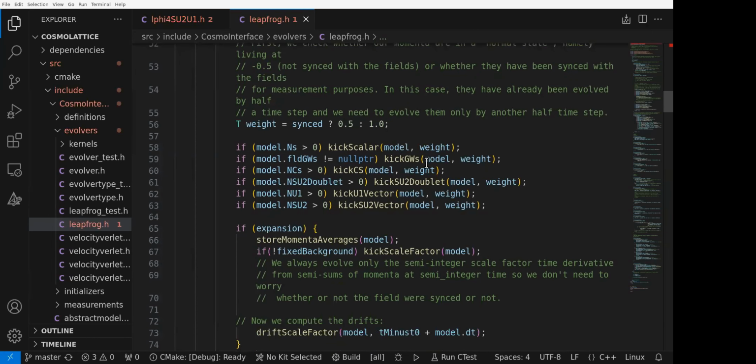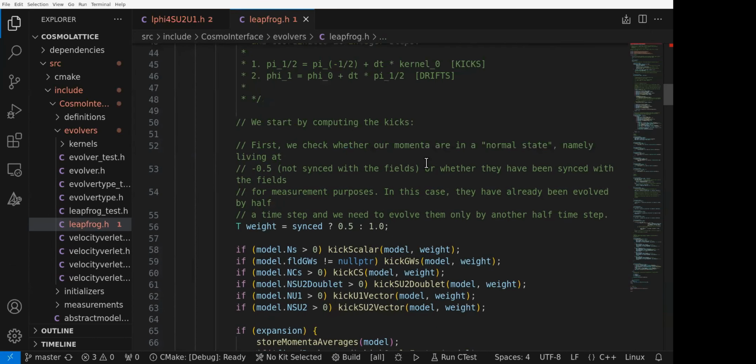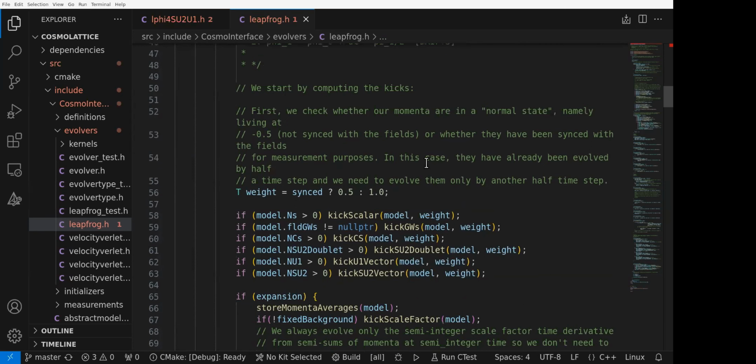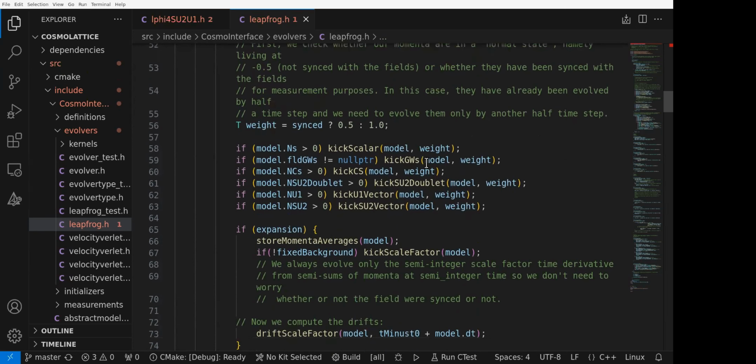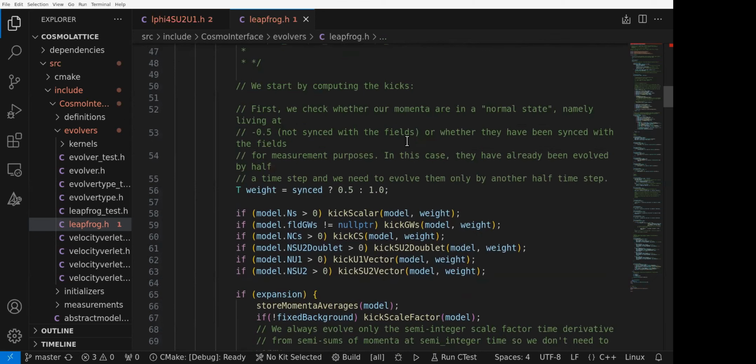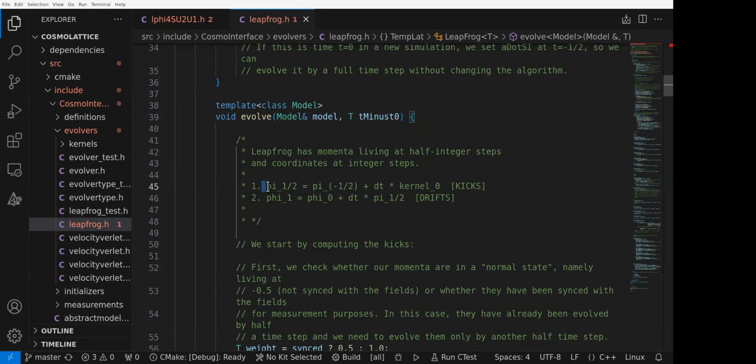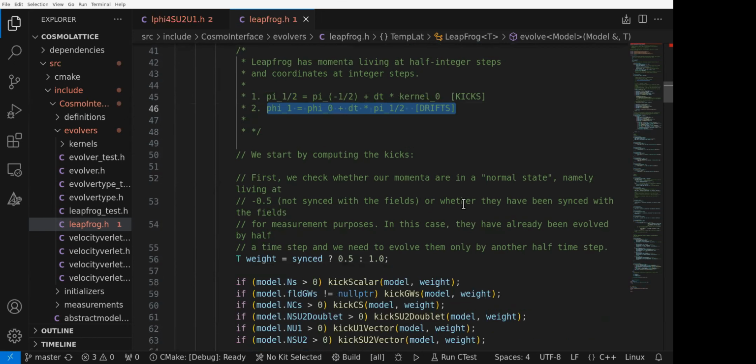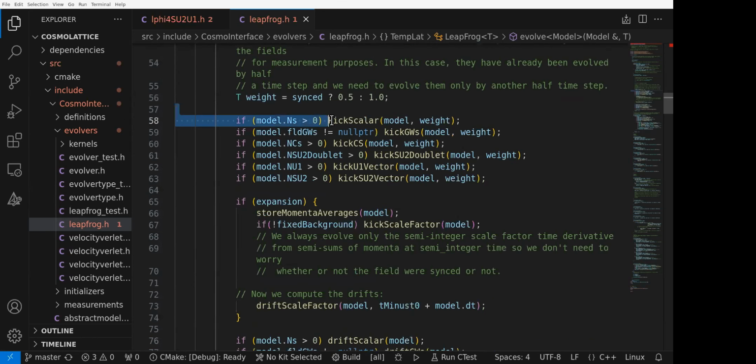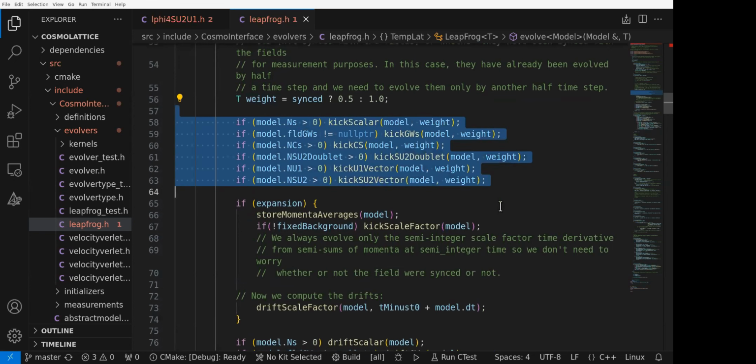The way it is done here is that I'm just writing this function as the evolution of the momentum that lives at half time step and the field that lives at integer time step, as I described before. And all the different fields are implemented in this function.